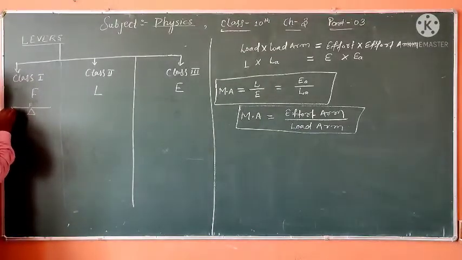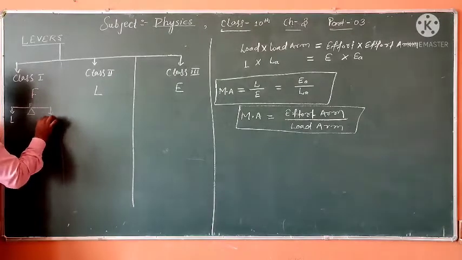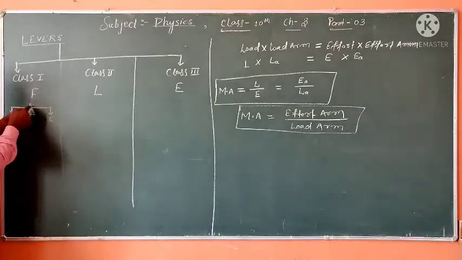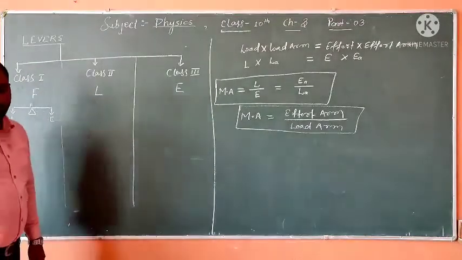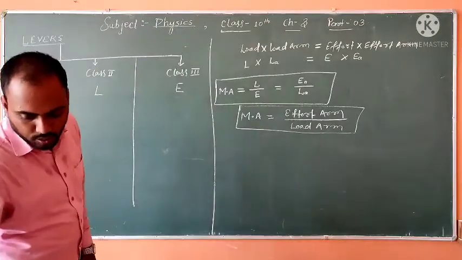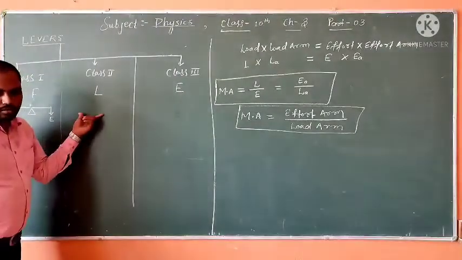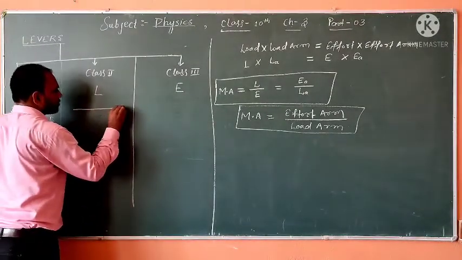Which type of lever is that? That is class 1 lever, in which load and effort are on the sides. Between load and effort, the fulcrum will be present. In class 2 lever, the load will be in the middle.